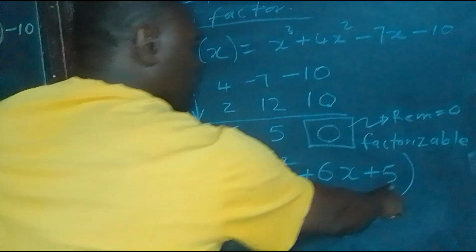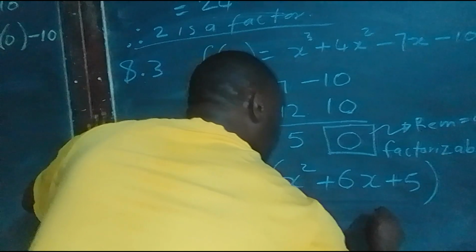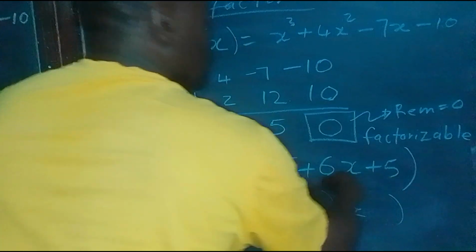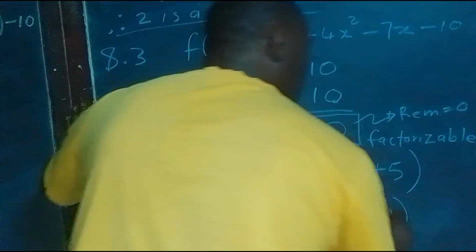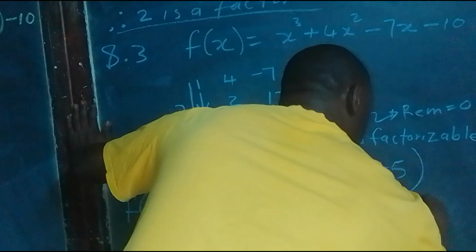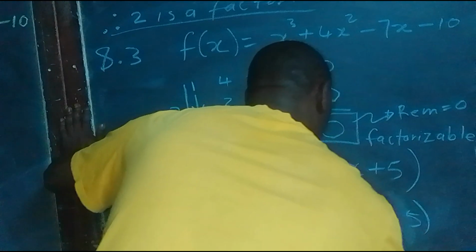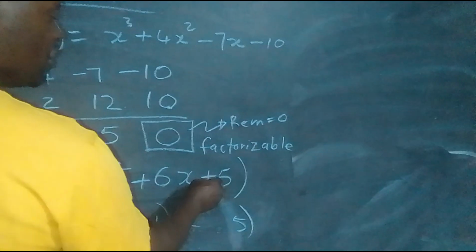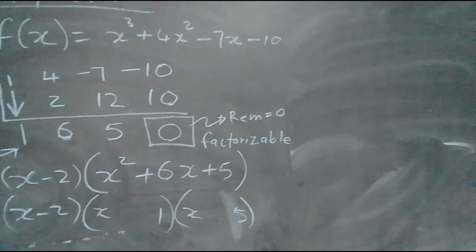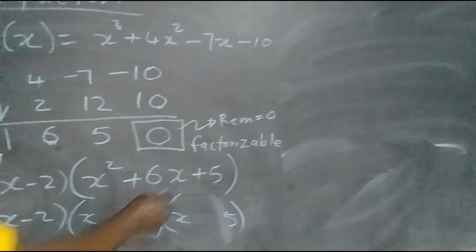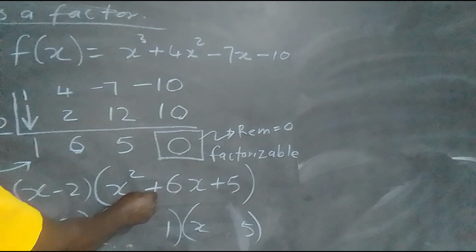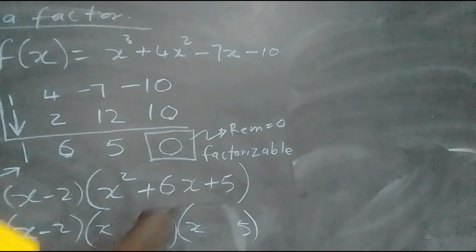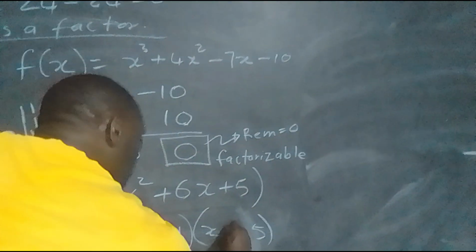Then we factorize here. The factors of 5 that will give us 6 are 5 and 1. When we add 5 and 1, we get 6. The sign of the constant tells us the signs must be the same, and here they must all be positive.